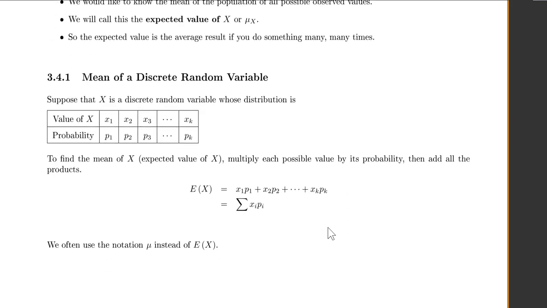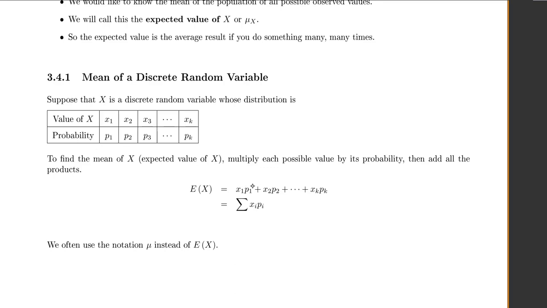To calculate it, suppose x is a discrete random variable whose distribution gives, for each x value, a probability: x1, p1, x2, p2. To find the mean, or expected value of x, or the average of all the possible values, we multiply each possible value by its probability, then add all of these products.